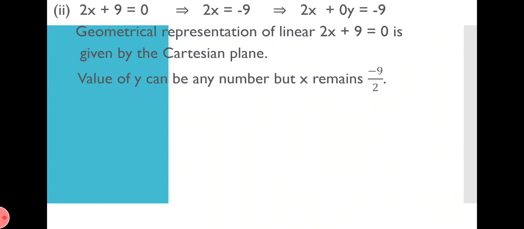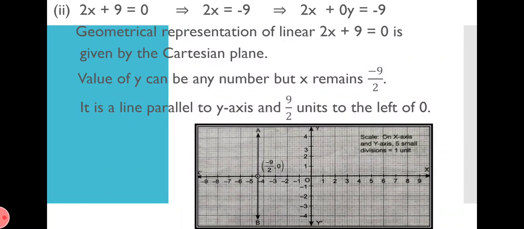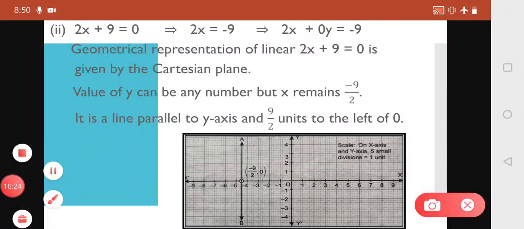Here the value of x will not change, and in the previous case the value of y will not change. It is a line parallel to the y-axis and 9 upon 2 units to the left of 0. Left of 0, that is negative. So let's plot in the Cartesian plane. We can see here that we have first drawn the x-axis and y-axis, and then we will get a line parallel to the y-axis, 9 upon 2 units on the left hand side of 0.